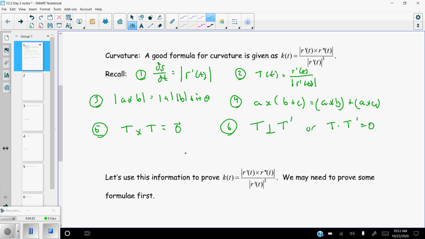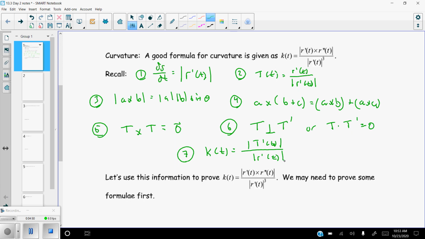And then the last thing that we need is the standard formula for curvature that we started off with, which was the magnitude of T prime of t divided by the magnitude of r prime of t. And that's what we developed in the first day of this section. Okay, those are all the pieces that we're going to need.